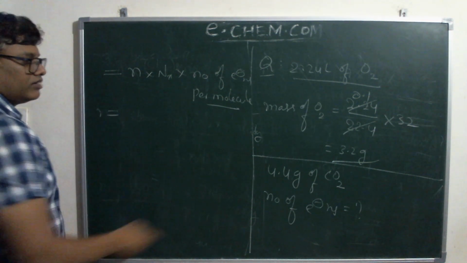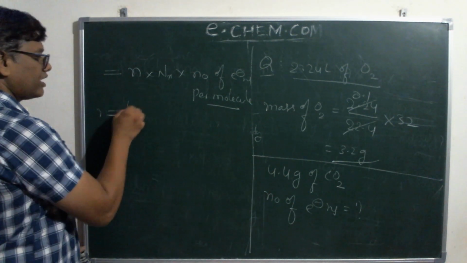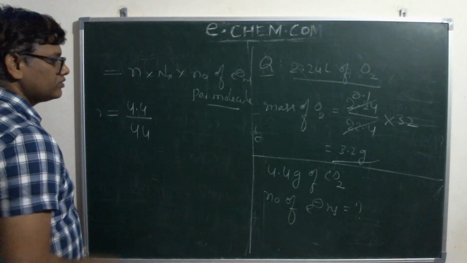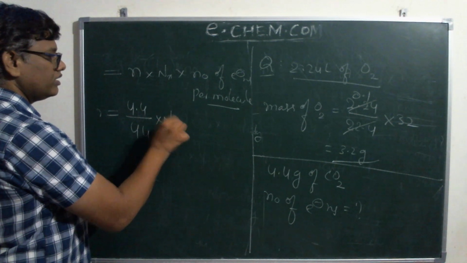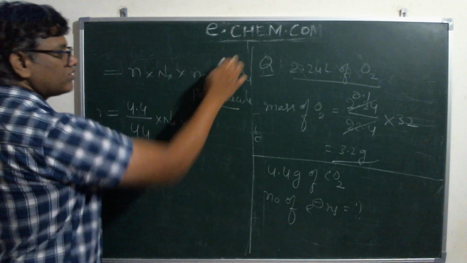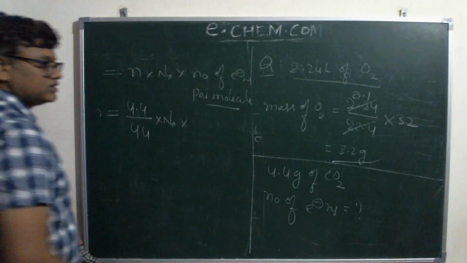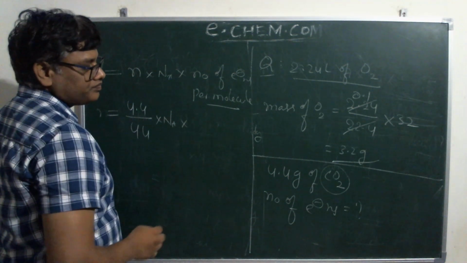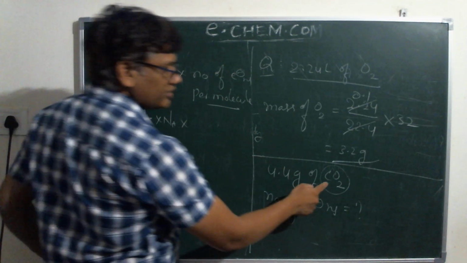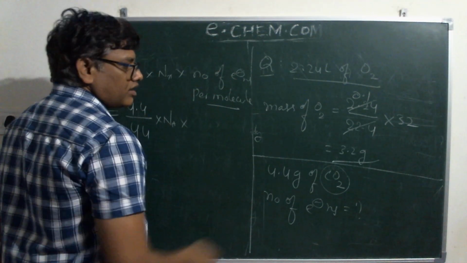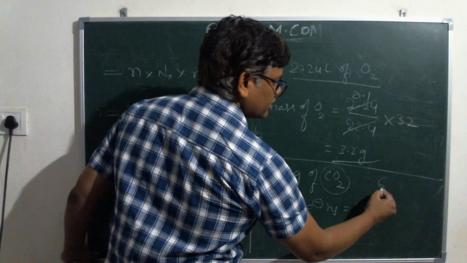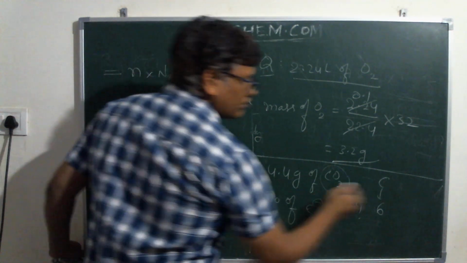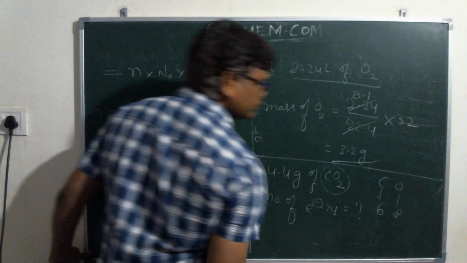Let's find out the number of moles: 4.4 grams of carbon dioxide divided by its molar mass 44, into Avogadro number Na, into the number of electrons per molecule that I need to calculate. To calculate the number of electrons per molecule, we require atomic numbers. The atomic number of carbon here is 6. The atomic number of oxygen is 8.